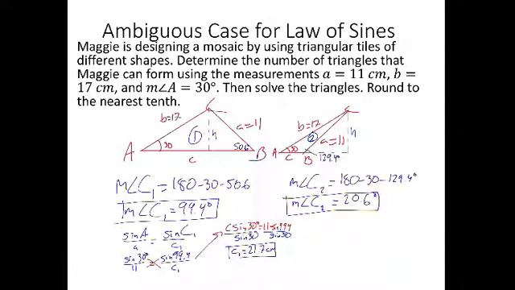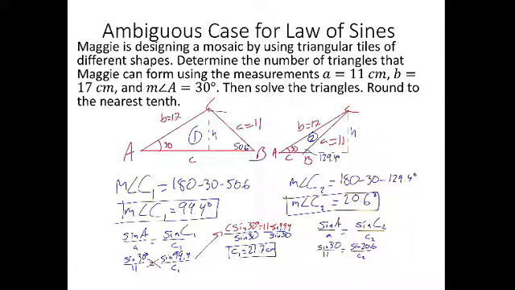Now we're going to do the same thing over here for C2. So sine of angle A over little a equals sine of angle C2 over little c2. Plug in what we know. So we've got sine of 30 over 11 equals sine of, and this angle C2 is going to be 20.6, over little c2.